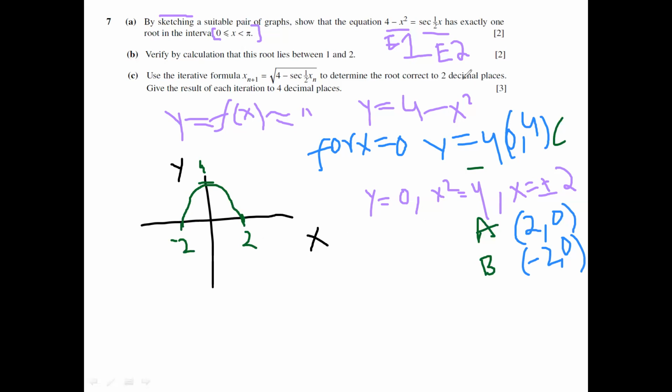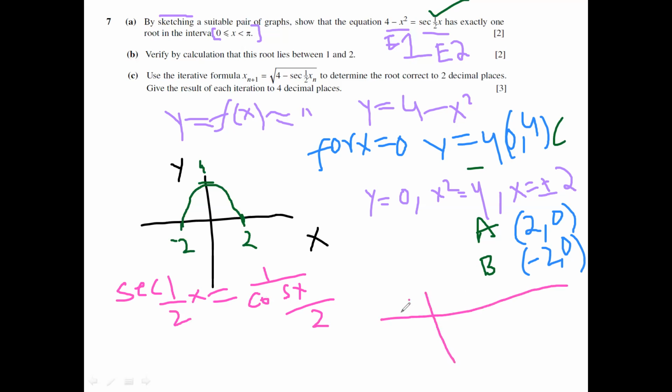Now we have to deal with the second equation. For the second equation, we have sec half x, which also means 1 over cos half x, equal to y. What we will do is draw a table of x and y.